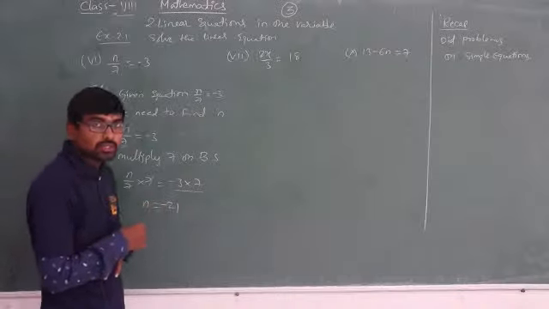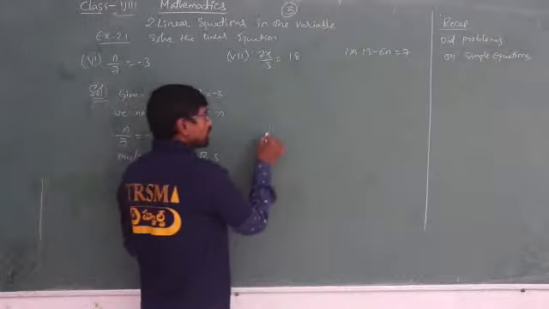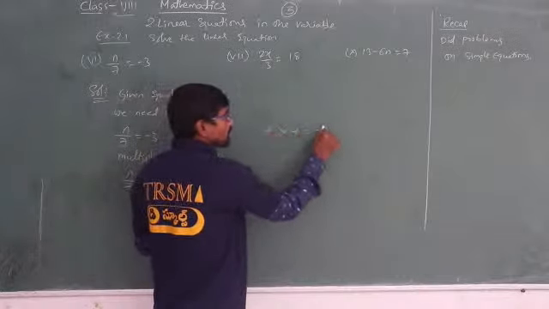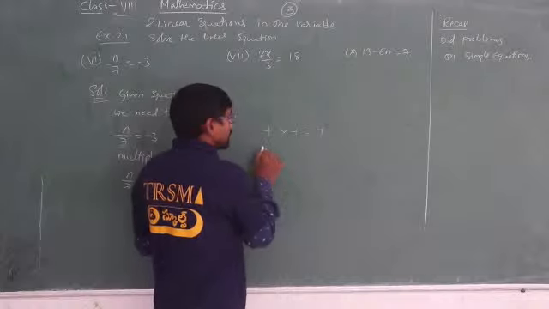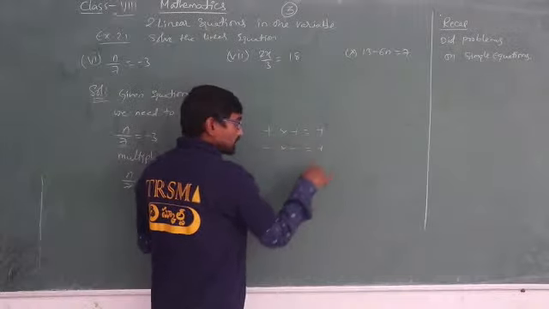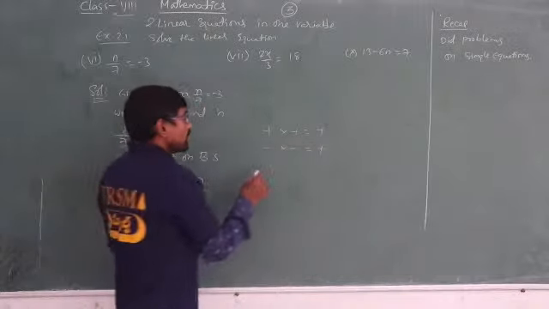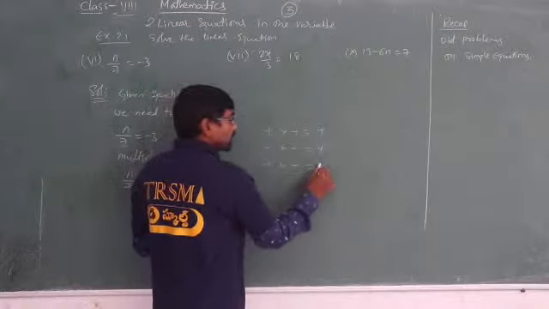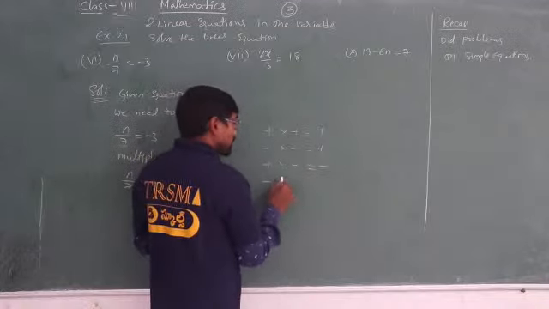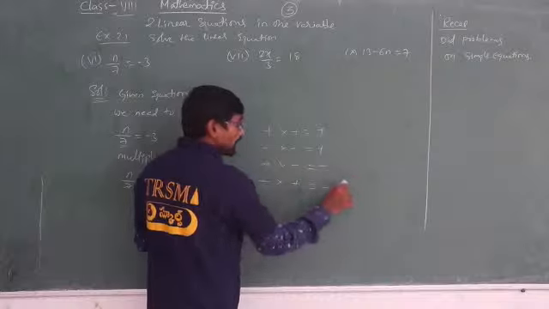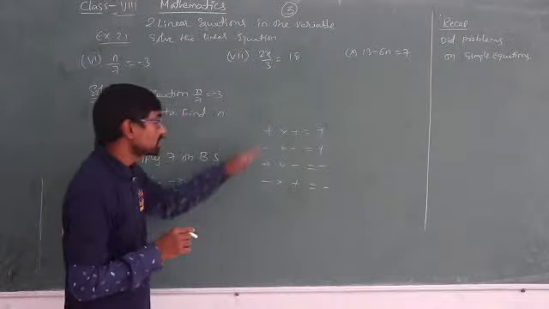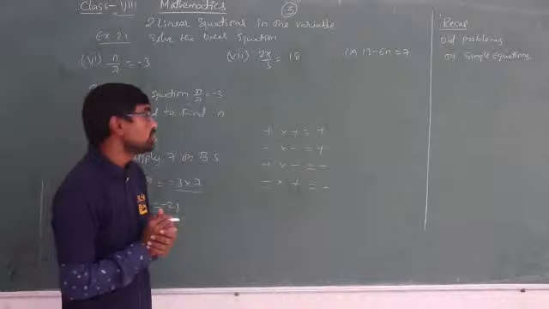I think you know the rules: if I multiply two positive values, I get a positive value. If I multiply two negative values, I also get a positive value. If I multiply one positive and one negative, I get negative, and whenever I multiply negative and positive, again I get negative. These are the algebraic rules we have to follow.